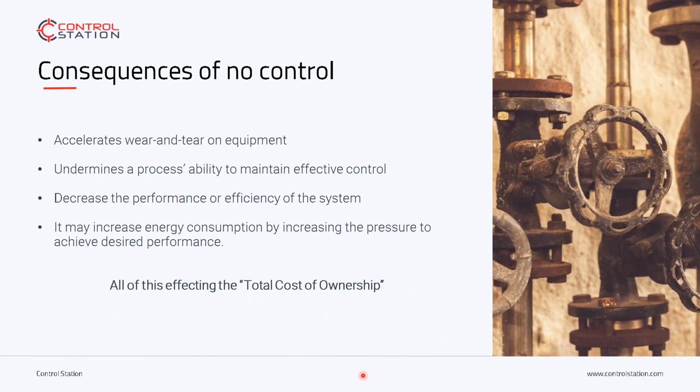So we talk about the consequences of no control. I like to think of the analogy of an automobile, or a car as people call it. The control valve is for whatever control algorithm you're using in your DCS or PLC.